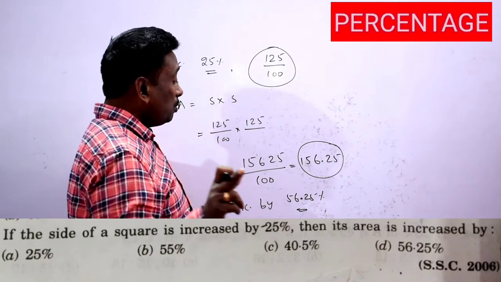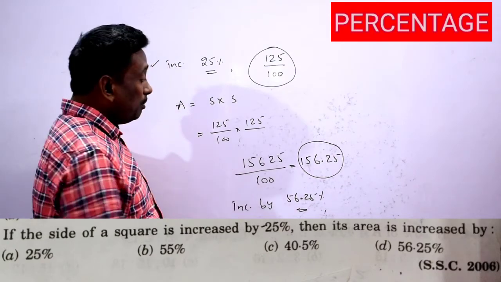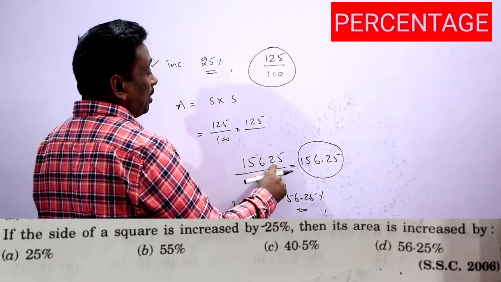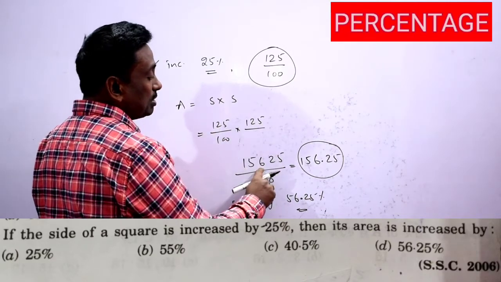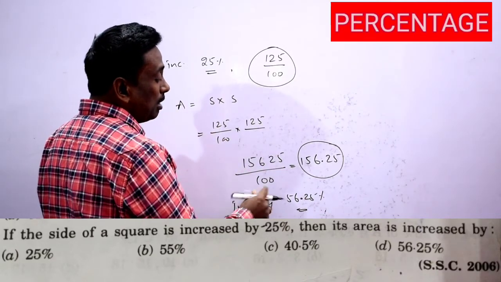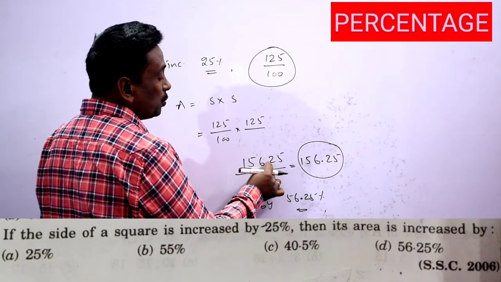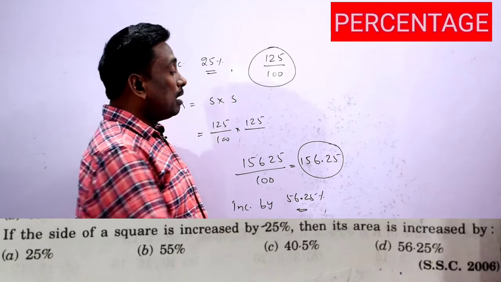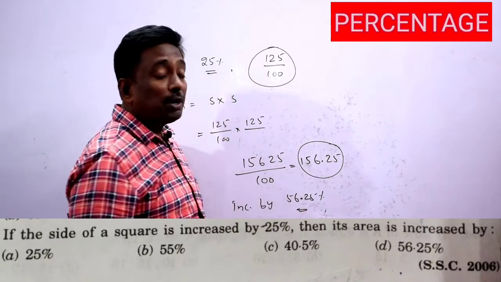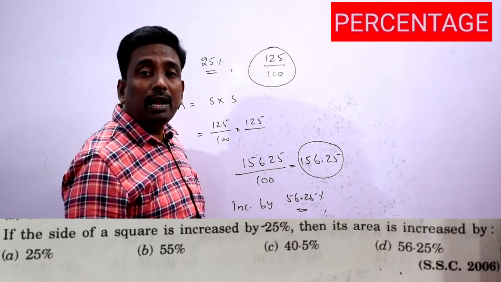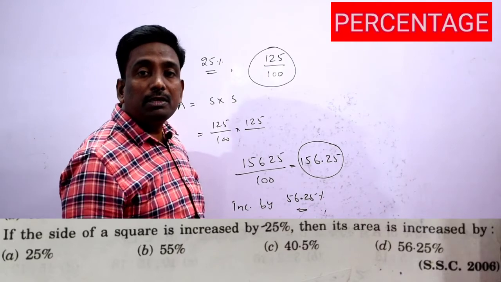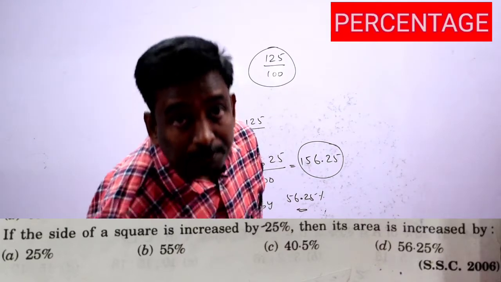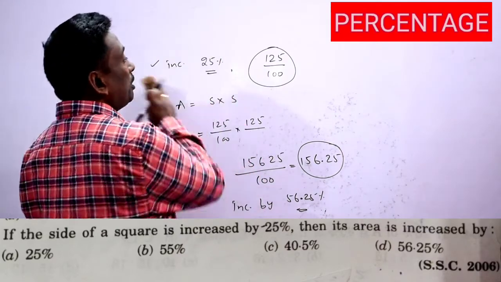Once you see that video, 5 5s are 25, 12 into 13 is 156, 25 by 100. By removing these two zeros, you can put two decimals in the numerator. When compared with 100, this is 56.25 more. That's why you can say that area is increased by 56.25%. Now next question.